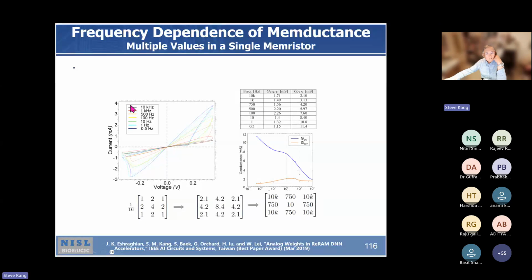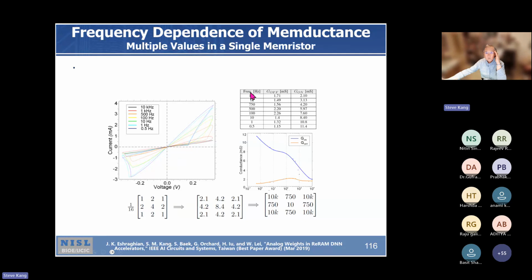And then when it's 10 kilohertz, it's dark black, so that's a short, almost straight line here. And in between are 1 kilohertz, 500 hertz, 100 hertz, 10 hertz, etc. So in other words, if you approximate the resistance, high state and low state, it changes at different frequencies.